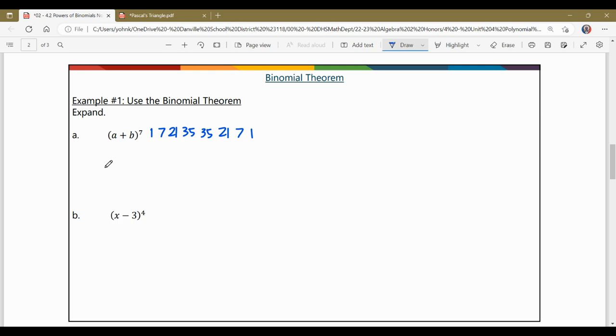Okay, so what we're going to do is we are going to take 1, and then we are going to do the first thing in the parentheses to the power 7, and then the second thing in the parentheses to the power 0.